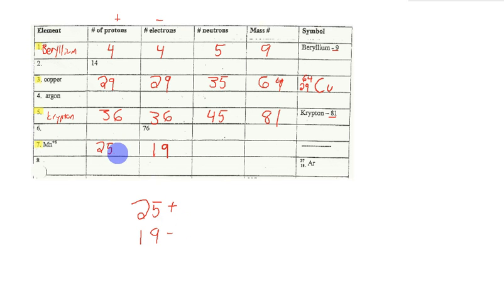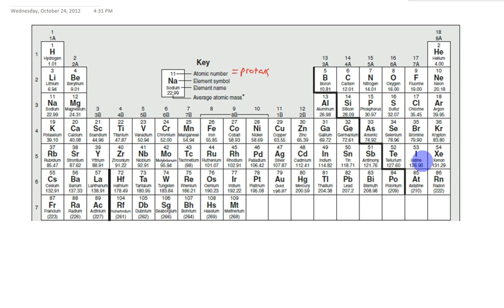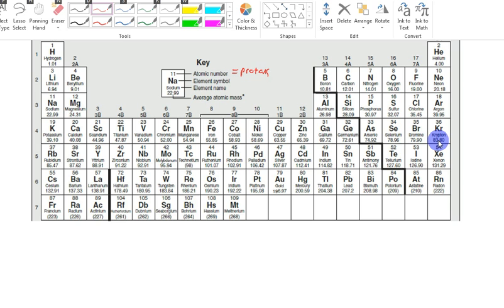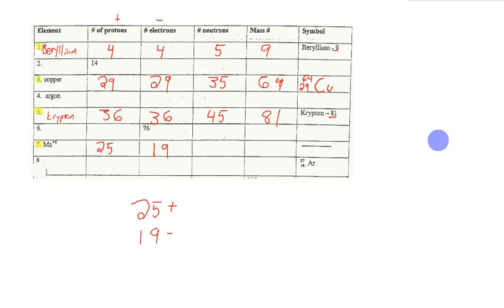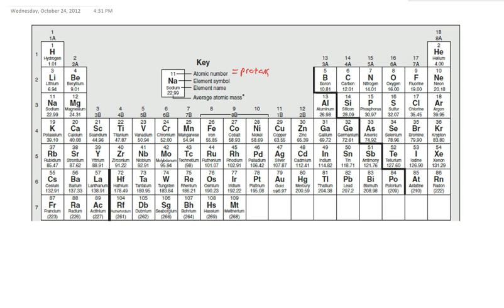That's how we got 6 extra positives. And the rest of it works like normal. We take the mass off the periodic table because it doesn't tell us that it's a special isotope. Manganese is 54.94, so that's going to be 55.